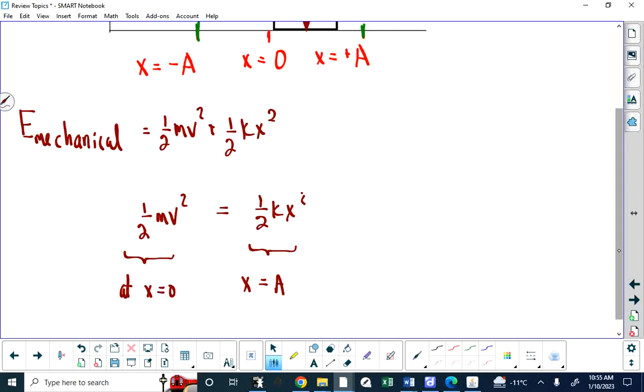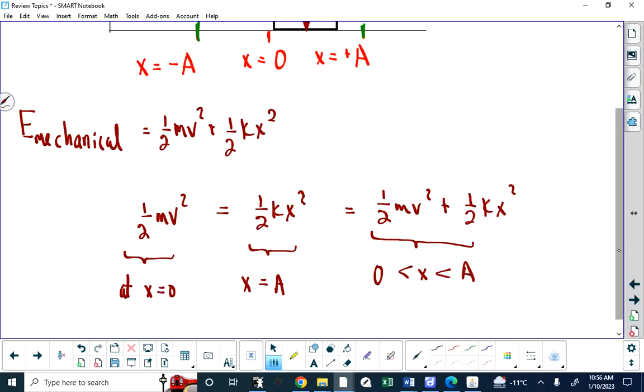But when you're talking about a position that is giving a displacement that's someplace between 0 and the amplitude, or between the negative amplitude and 0, doesn't matter, then at that point in time, what you have is a sum of kinetic and potential energy.